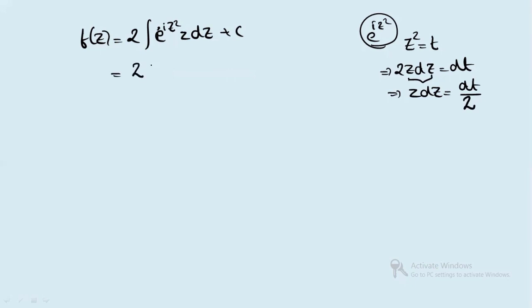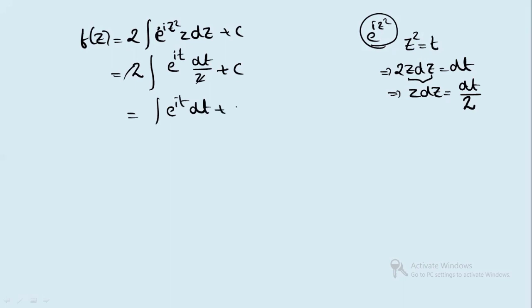So this is 2, e to the power i z² becomes e to the power it, and z dz can be written as dt by 2, plus c. This 2 will cancel this 2, and you will have the integration of e to the power it dt plus c.